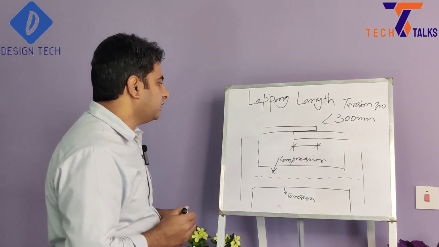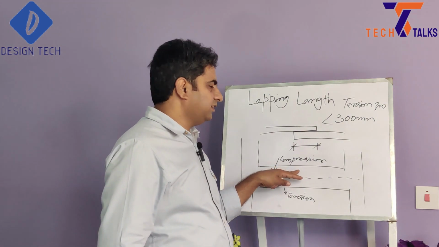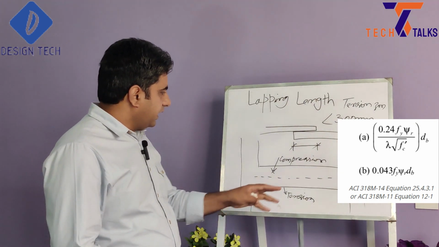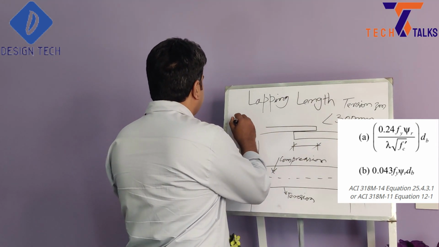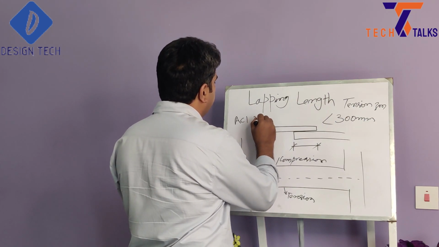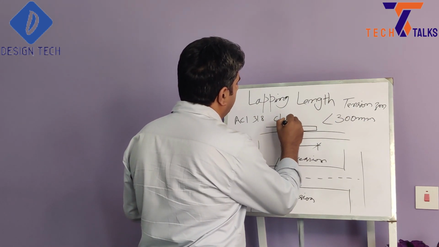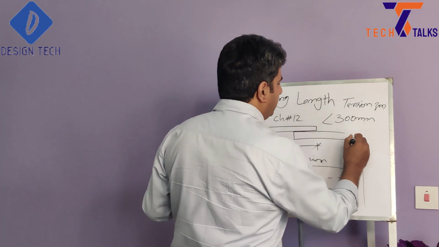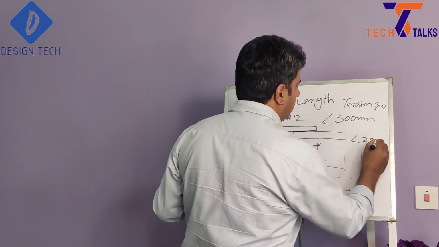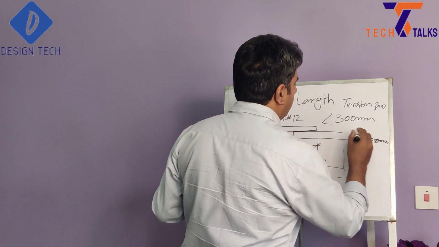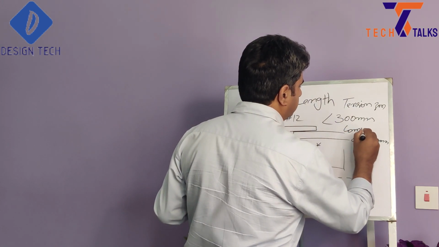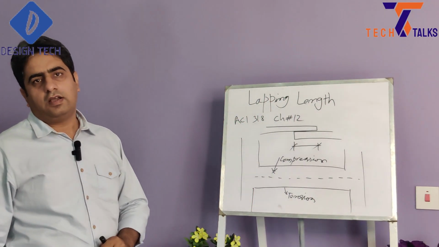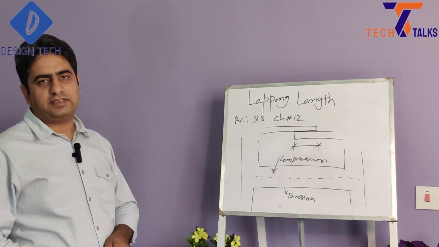But when we are calculating lap length for compression zone, then again we need to use this formula as per ACI code, ACI 318 chapter number 12. Its length should not be less than 200 mm for compression. These are the two formulas what we are using for tension and compression lapping.